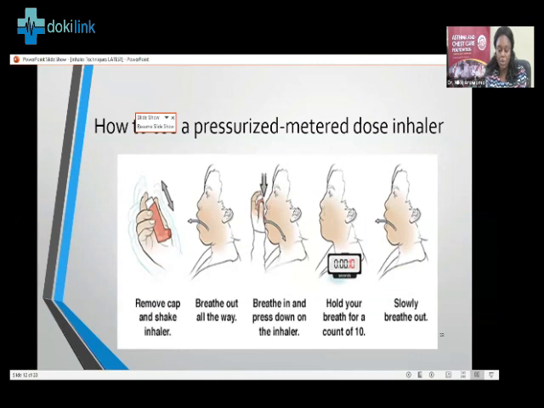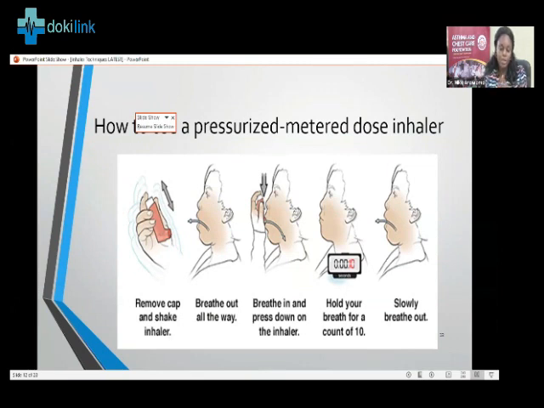Now, how do we make use of the pressurized metered-dose inhaler? The first step is to remove the cap, and this is very important because I've seen a couple of patients who use the inhaler even without removing the cap. After removing the cap, we tell the patient to shake the inhaler. Then the next instruction is for the patient to exhale, to breathe all the way out.